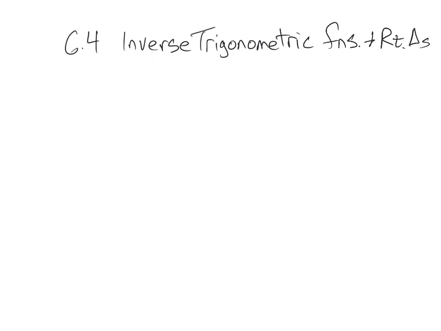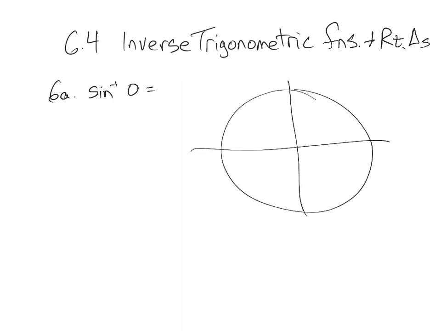But talking about inverses. All right, so we're going to start with some basic stuff here. This is number 6a, the inverse sine or the arc sine of 0. So again, where is the y value 0 on your unit circle?